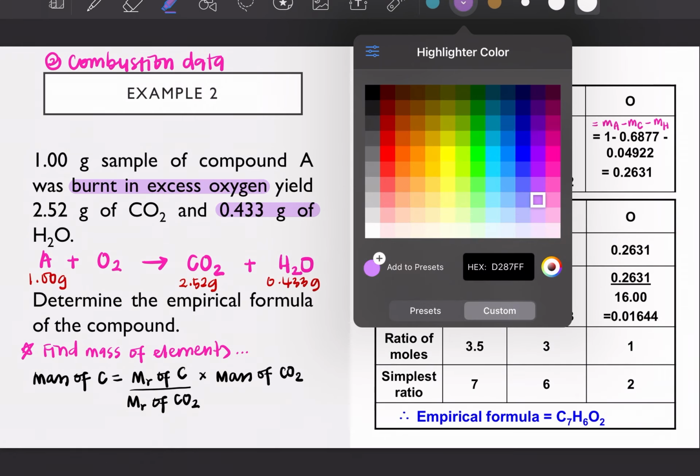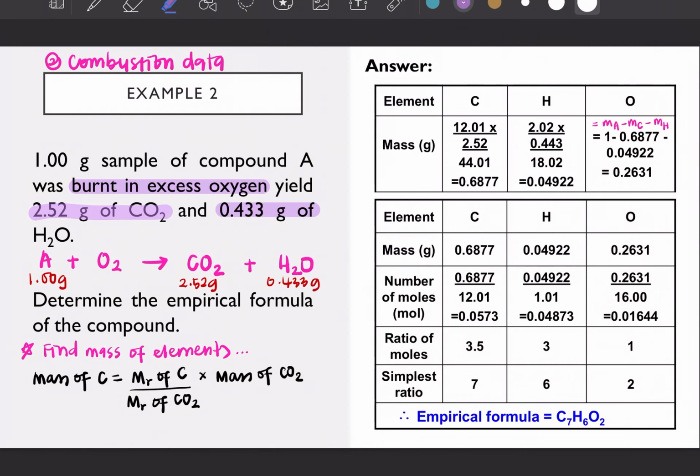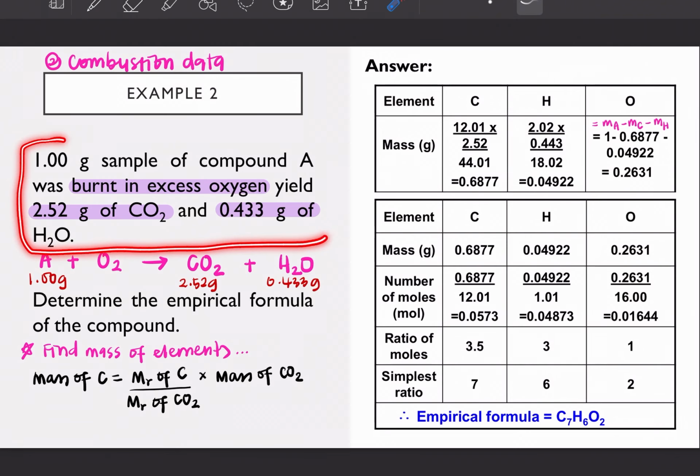Alright, I think I forgot to highlight, so let me just highlight this. So what I would do, from this question, I would write down the chemical equation first. So A was burnt in excess oxygen to form CO2 and water.